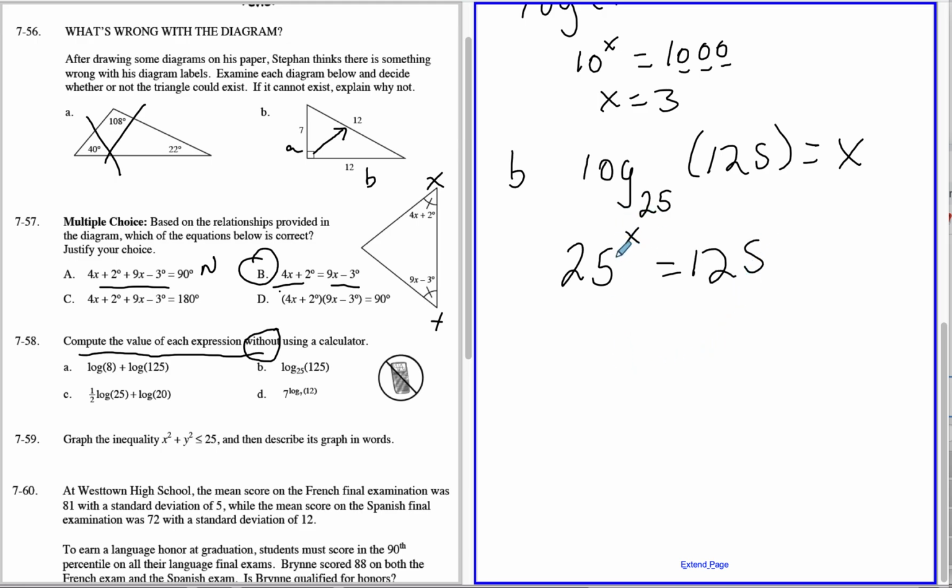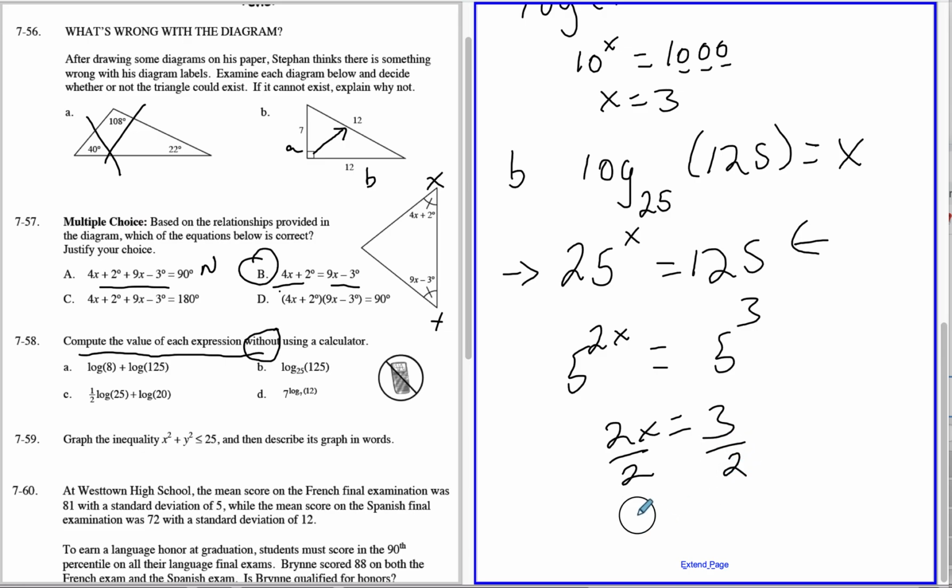I would change these both into base 5. So 5 squared to the x equals 5 to the third. 2x equals 3. I solve for x. I have x equals 1.5.